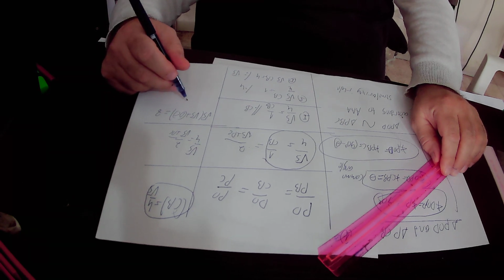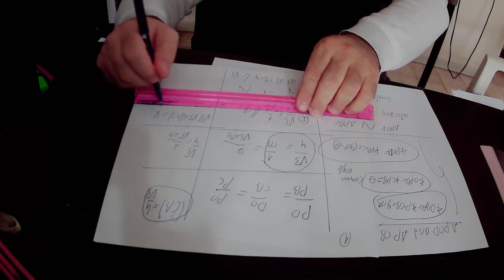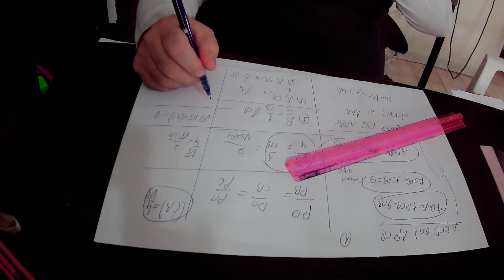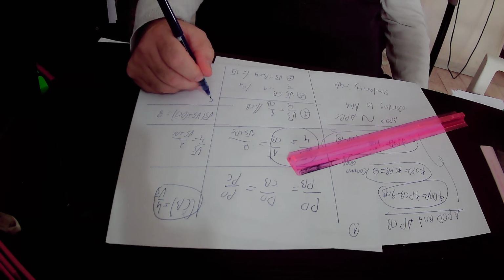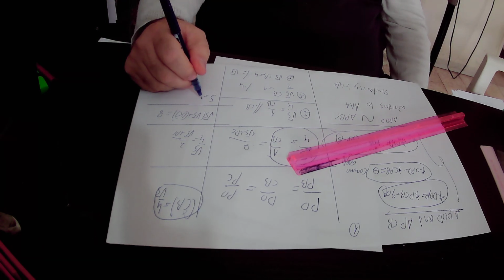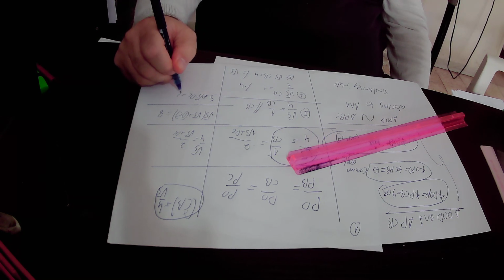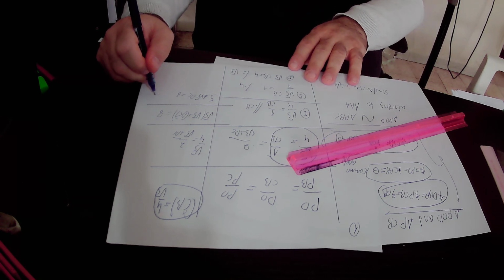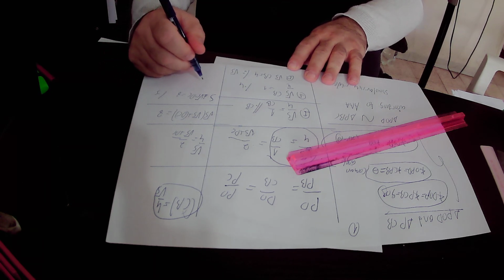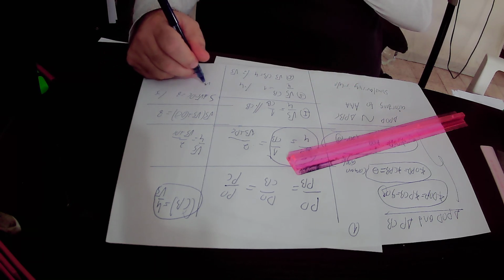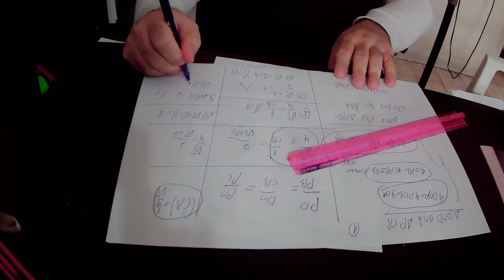We will open the brackets on this side of the equation, and we get that square root of 5 times square root of 5 is 5. That is equal to 5 plus square root of 5 times DC, that is equal to 8. Here we will subtract 5 from this equation, and we will get that square root of 5 times DC equals 3.